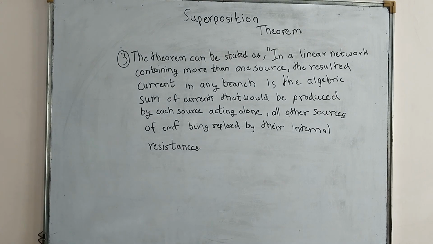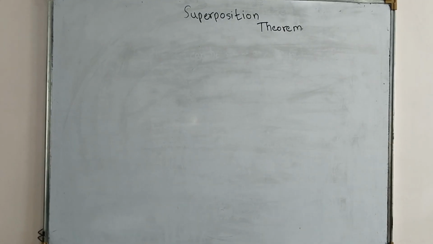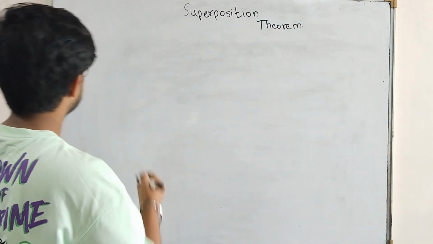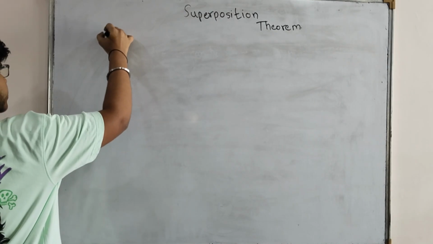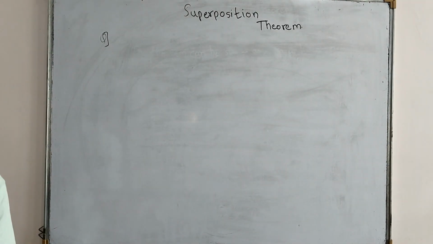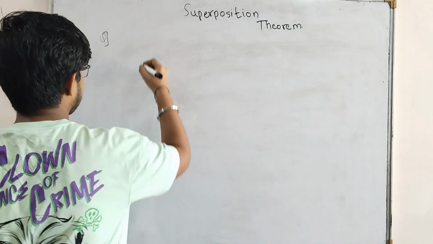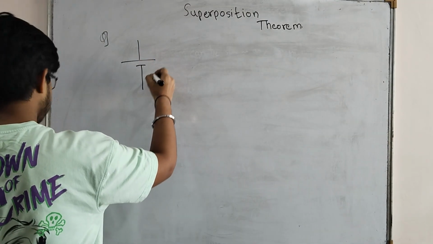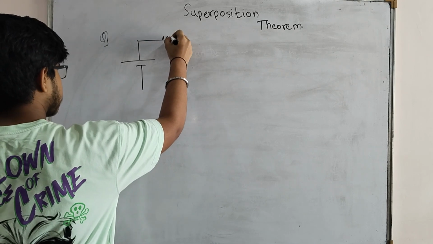Now we will move on towards example. Okay, now moving on towards our first question. I will draw the diagram. This is a voltage source which is in series with a resistance.